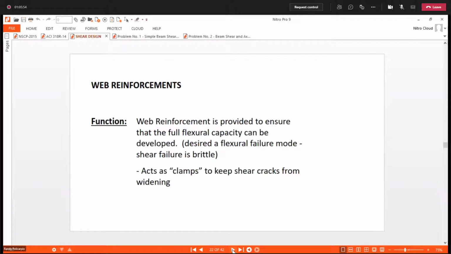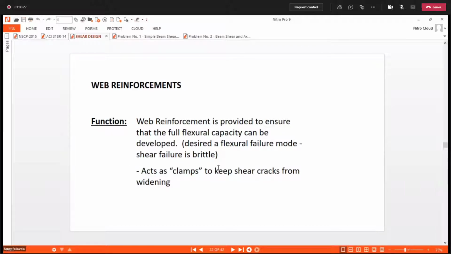So what is now the function of the shear reinforcement or web reinforcement? The web reinforcement is provided to ensure that full flexural capacity can be developed. We desire a flexure failure mode because shear failure is brittle.